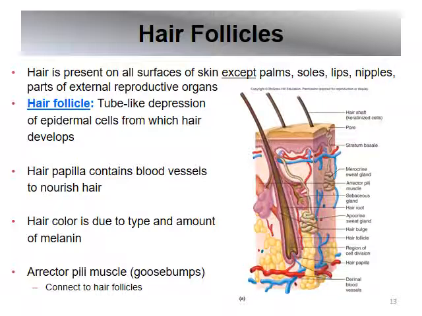Hair follicle just means this is where the hair develops, from which, we'll just underline this, from which the hair develops. And for this also, we don't need to know all the different parts of the hair follicle. Just know that this is where the hair is developing from. Hair color is given by melanin. It gives our skin color, but also our hair color. But here at the bottom, I do want you to know this, erector pili.